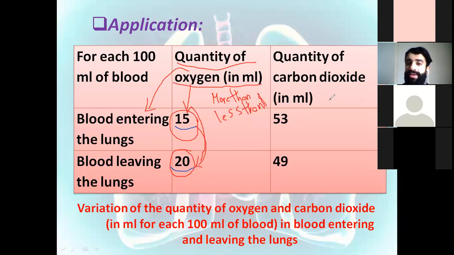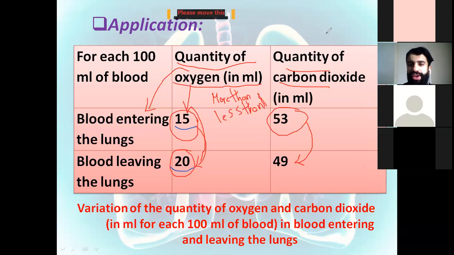The quantity of carbon dioxide in the blood entering the lungs was 53 milliliters, which is more than the quantity of carbon dioxide in the blood leaving the lungs, which is 49 milliliters. Very good. Thank you, Aya.